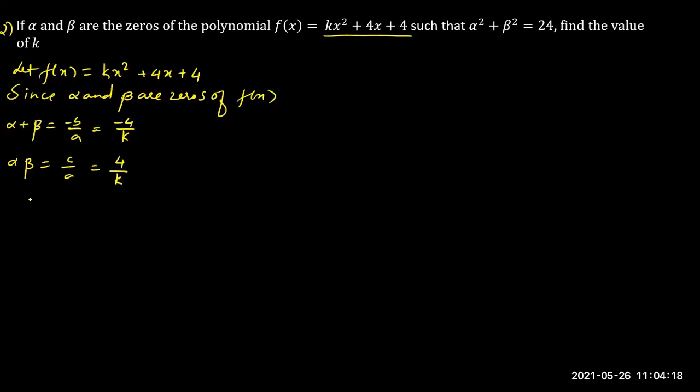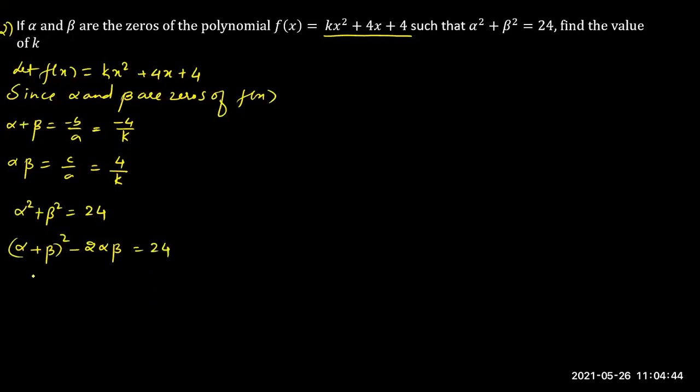Next, you consider the given expression, alpha square plus beta square is equal to 24. So again you use alpha square plus beta square in the sense alpha plus beta whole square minus 2 alpha beta is equal to 24.